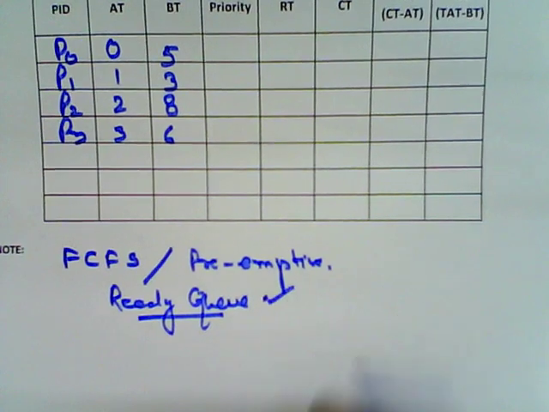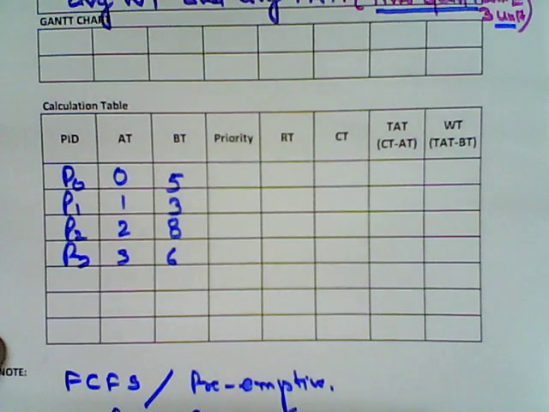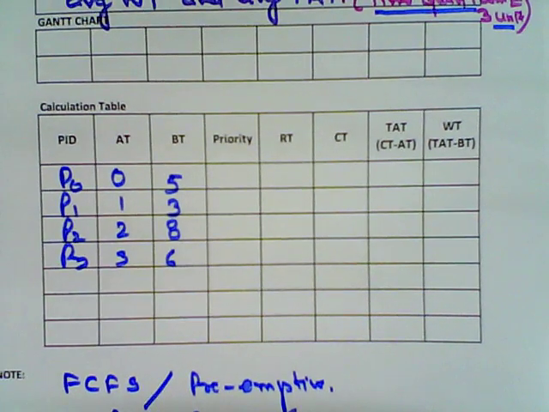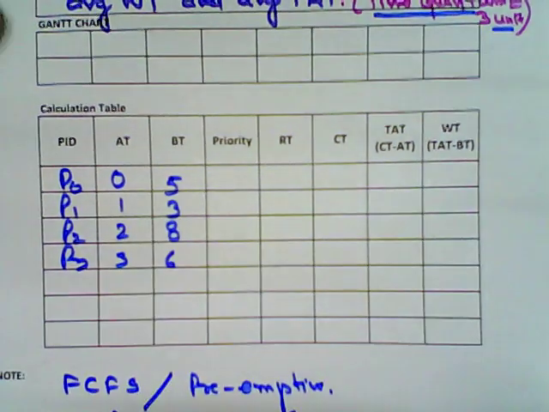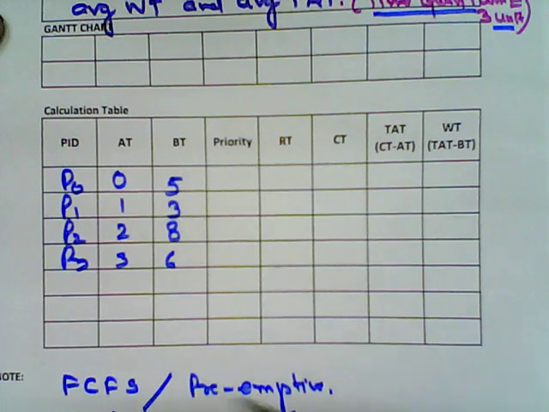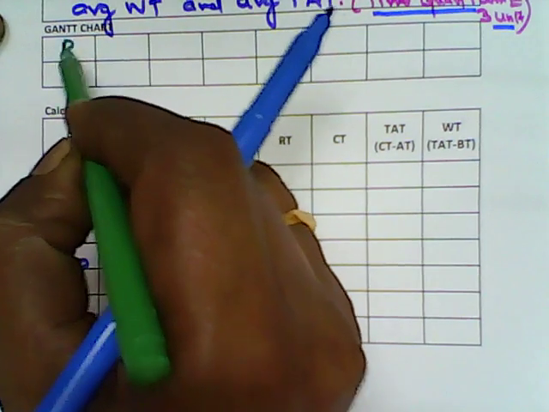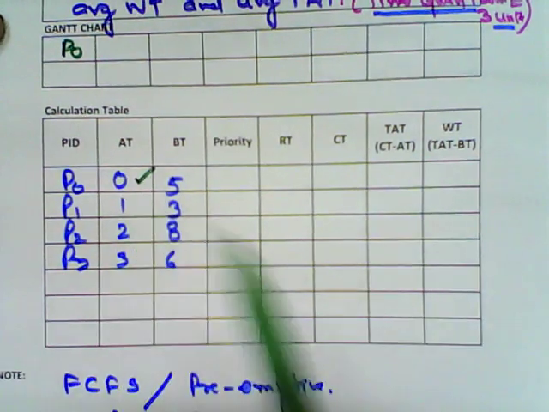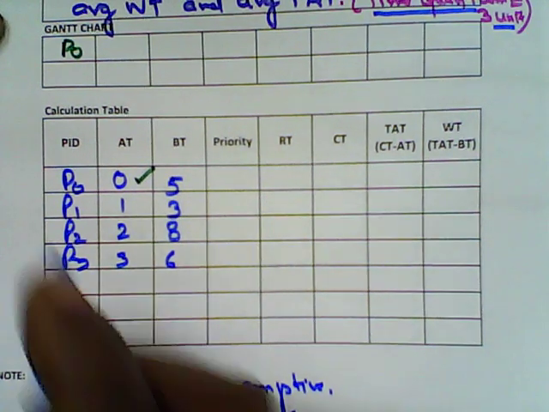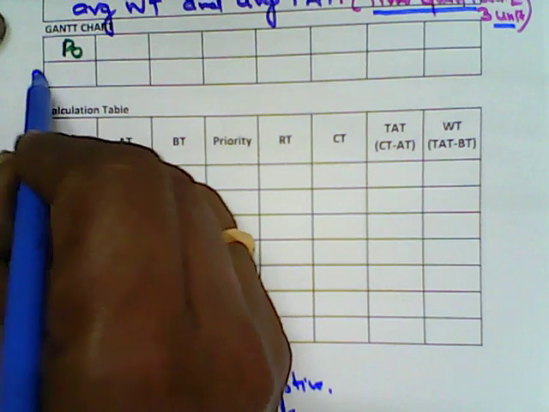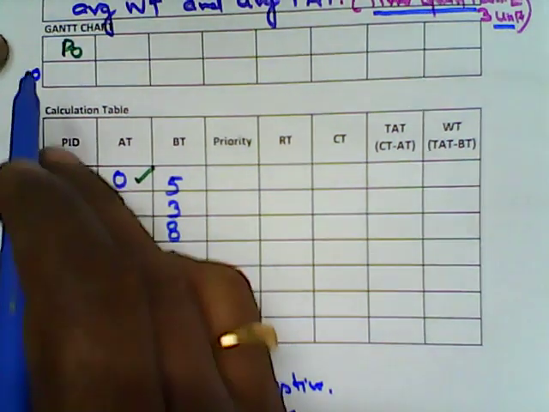Now let us see how this particular problem is addressed. If you see the first process, P0, it arrives first because its arrival time is 0. Now, how long will it compute?